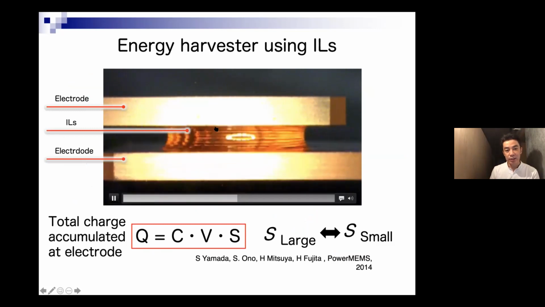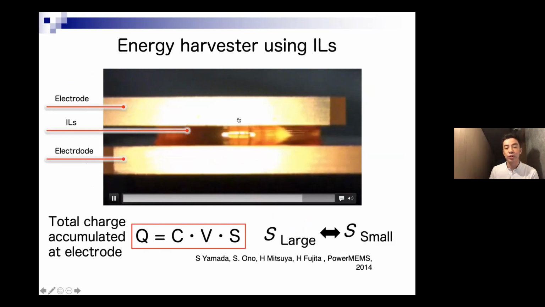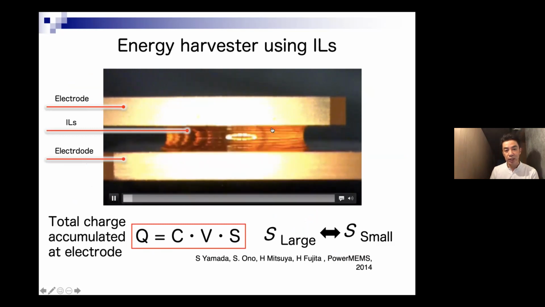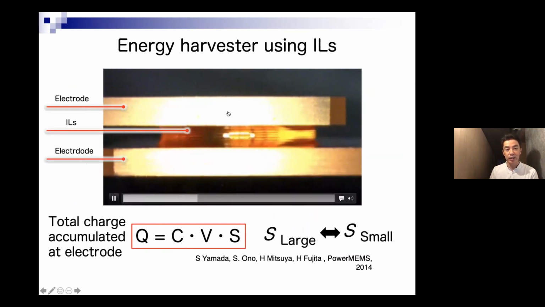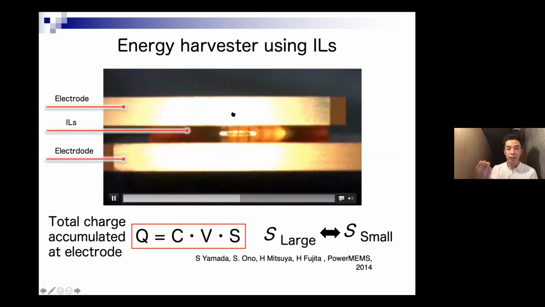And this is a picture. By giving motions, vibrations to the electrode, we can change the surface area. By changing the surface area, the carrier is accumulated and the electron is moving back and forth.